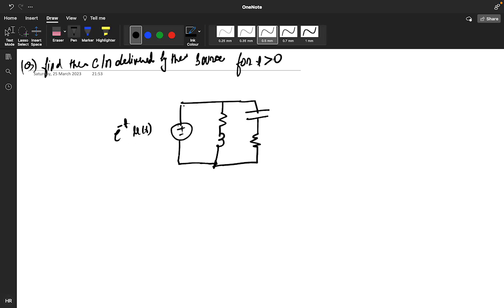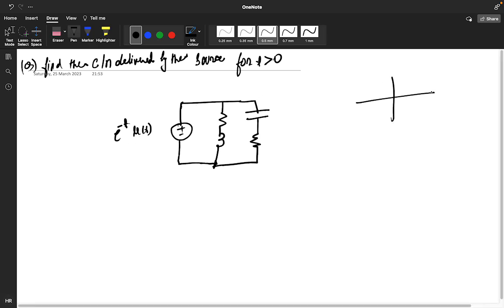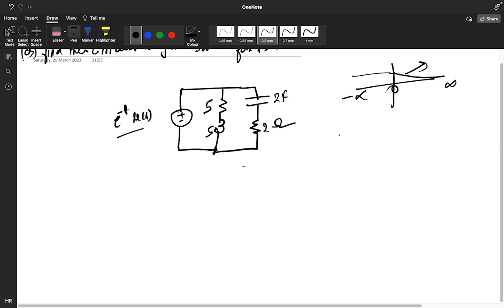What is the meaning? From minus infinity to 0, my switch was open. Then this all part was open. From 0 to infinity, it's getting an exponential voltage like this. Okay, and the values are given as 5 Henry, and this is 2 farad, and this is your 2 ohm. Overall all initial conditions are 0.